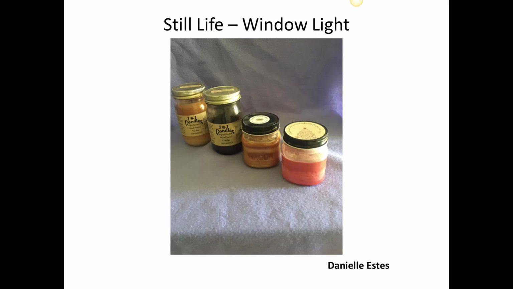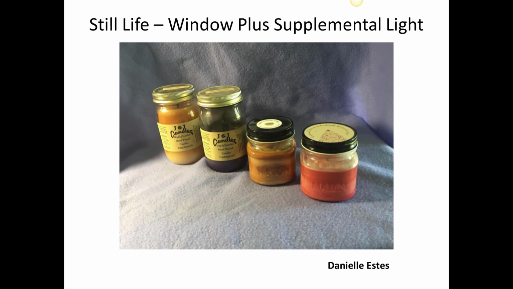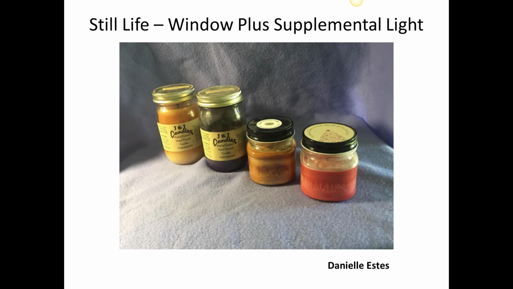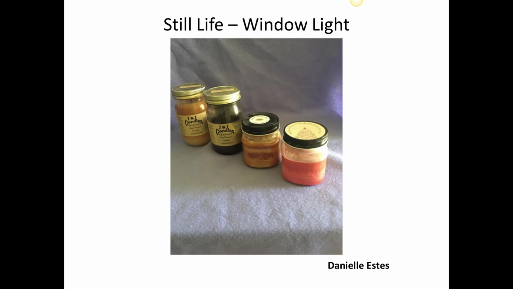So this one just has the window light, and this one has a supplemental light. Now she kind of shifted from vertical to horizontal here, but that's okay. But you can see in the area in front of the jars, there's a shadow because the only source of light is coming from this direction.